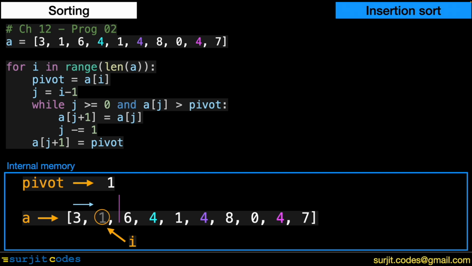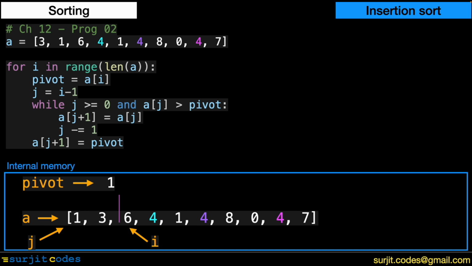In order to fill this hole, we start with j to be i-1, and while its value is greater than or equal to 0 and the item there is greater than the pivot, we shift right the item at j to the hole. As a consequence, the hole shifts left. We decrease j by 1. j is now outside the list, so the while loop ends. We fill the hole with the pivot and the sublist of 2 items is now sorted.